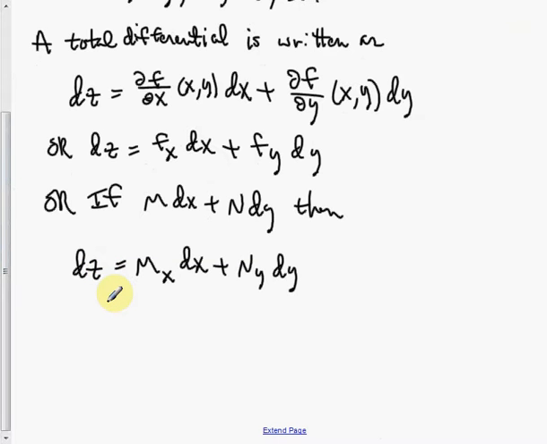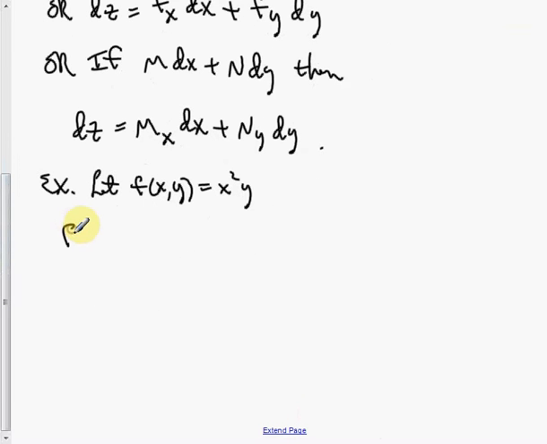Let me give an example. Let f of xy equal x squared y. Okay, some paraboloid in three-dimensional space.